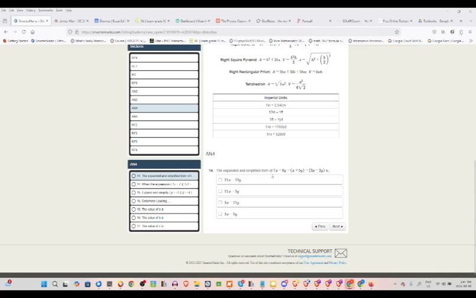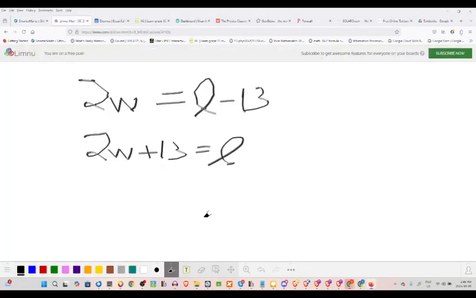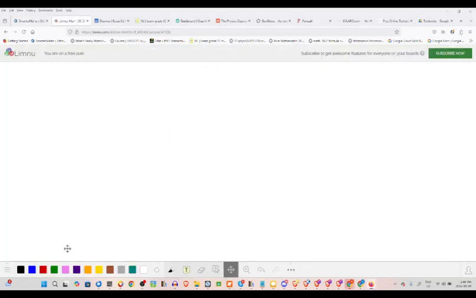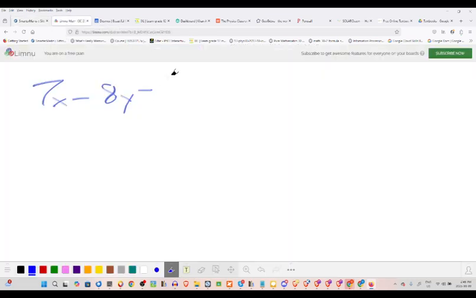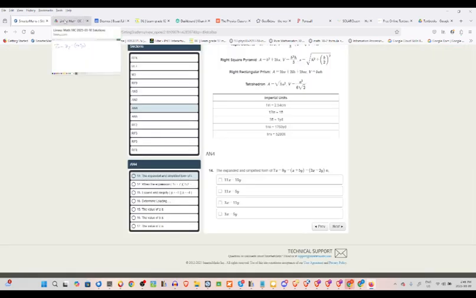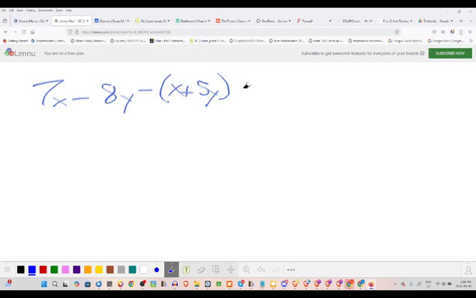So, expanded and simplified form of this. All right, we have 7x minus 8y, minus x plus 5y, and then minus 3x minus 2y.